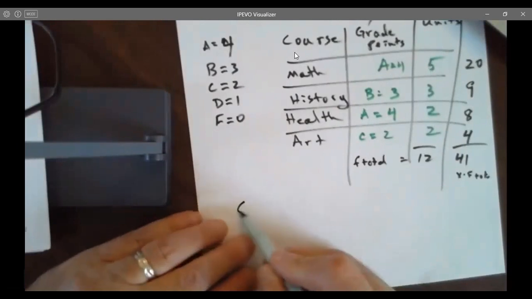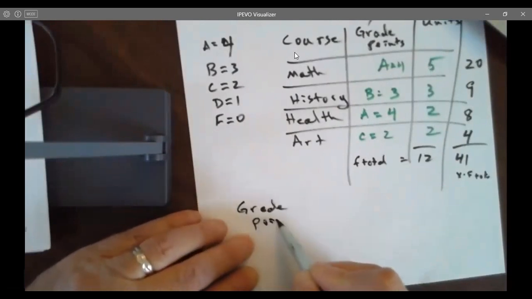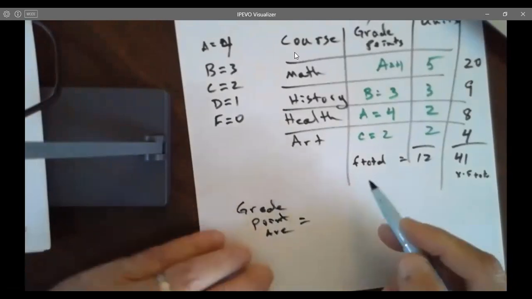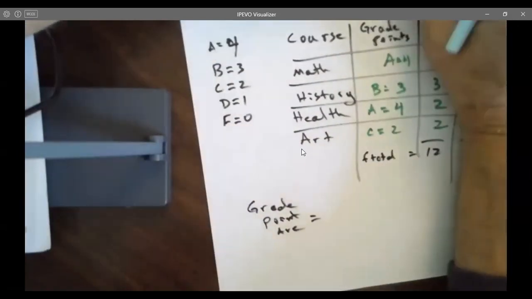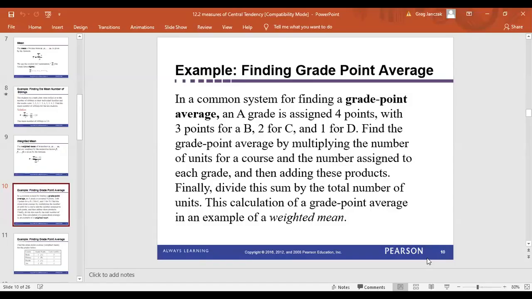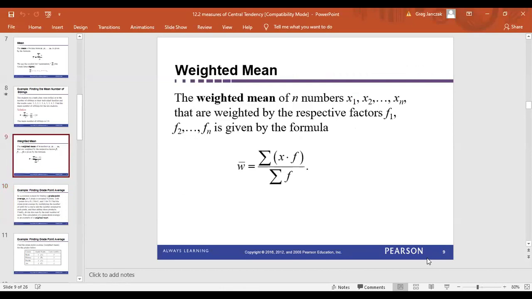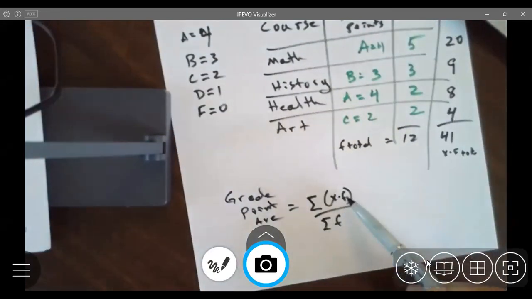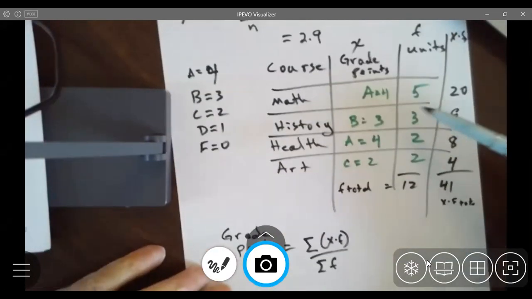So our grade point average, if we look at our formula right here, is the sum of X times F over the sum of F. Our sum of X times F is this column here where we multiply the two columns.